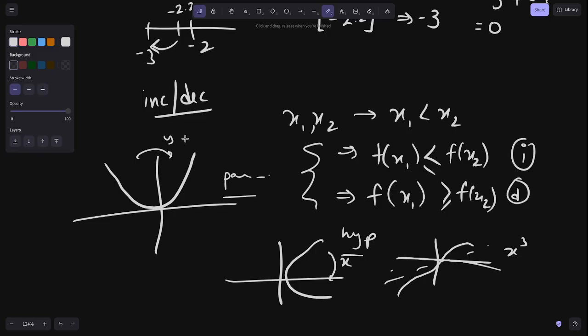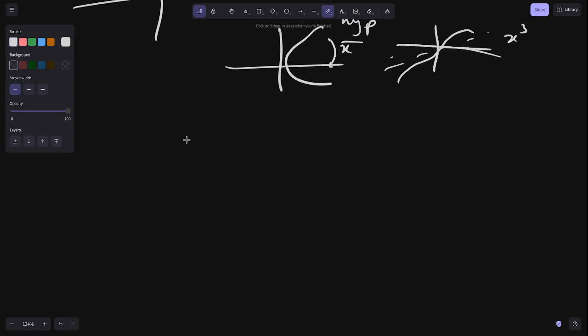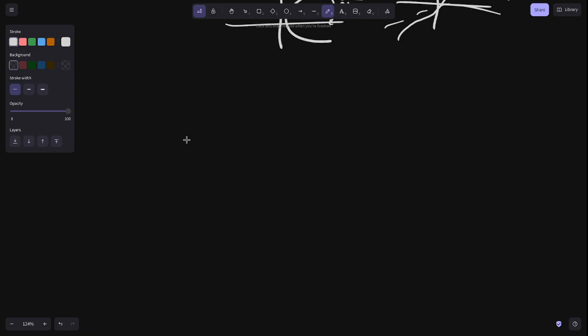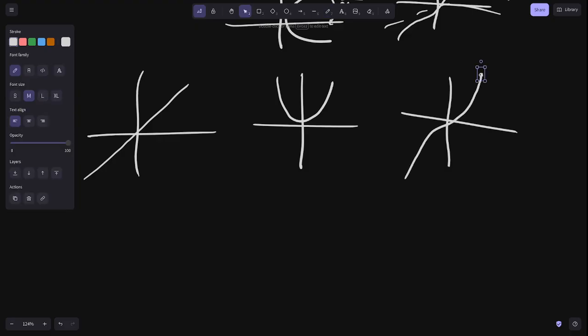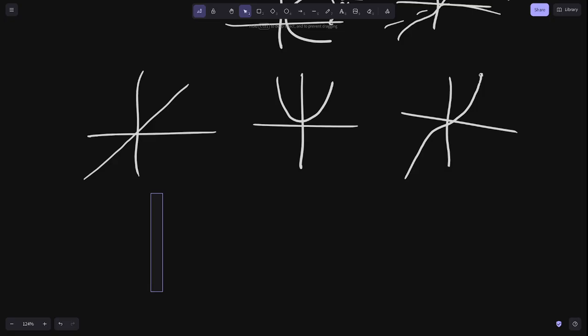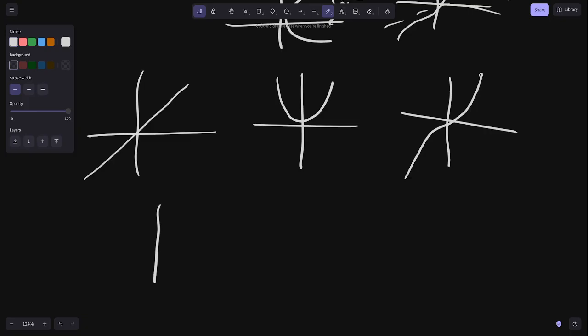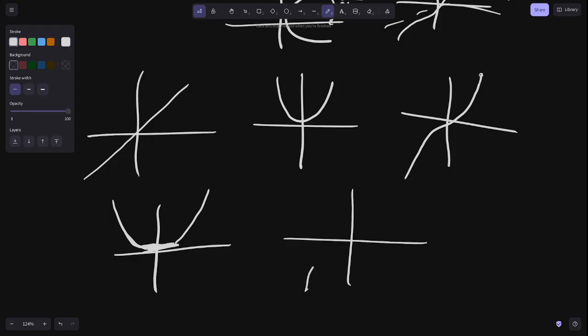So the linear function is what we have shown you. Now another important thing is the power function. If I draw a few, this is y equal to x, this is y equal to x square, this is y equal to x cube, this is y equal to x to the 4, which I cannot draw well, and y equal to x to the 5.